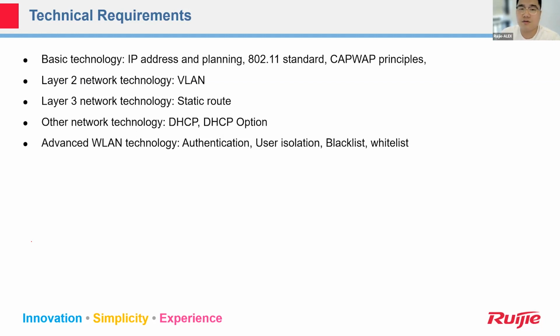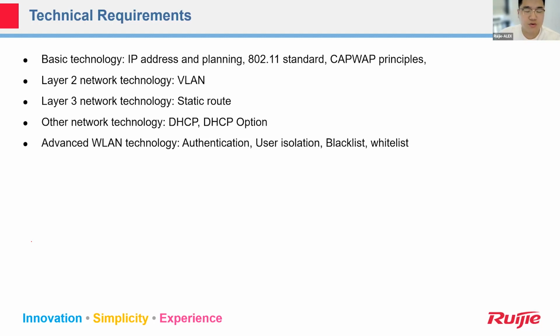Actually, this is a standard for the WLAN and some CAPWAP principles. For example, how to establish a CAPWAP tunnel, the process of establishing it, and of course the configuration, right? And at layer 2, the main technology we use is VLAN, and at layer 3 is static routes.